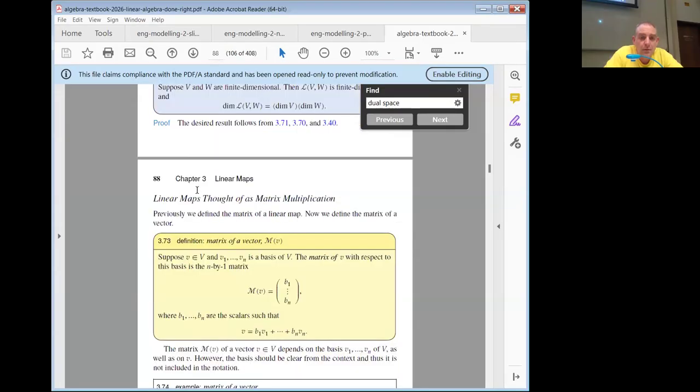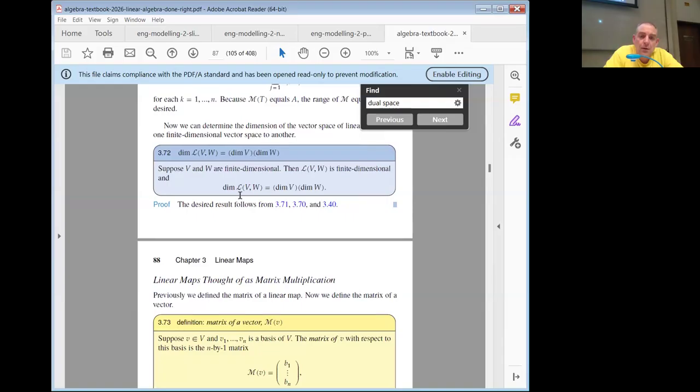And the dimension of the linear space from V to W is the product of the two dimensions. That makes sense, because it's like matrices that go from one size to the other. Yeah, okay, gotcha.